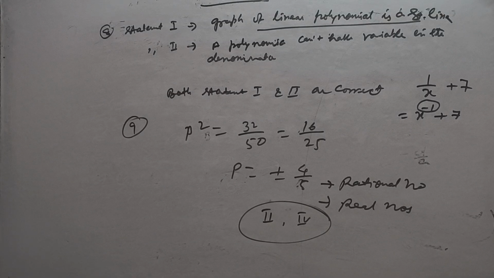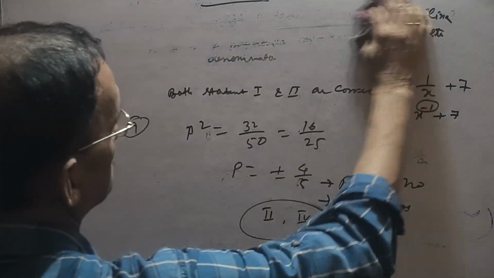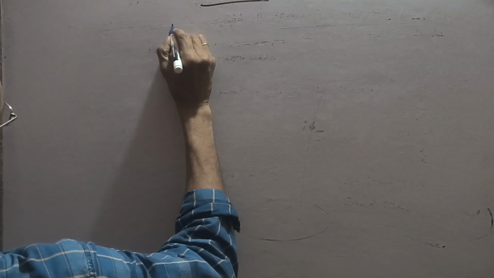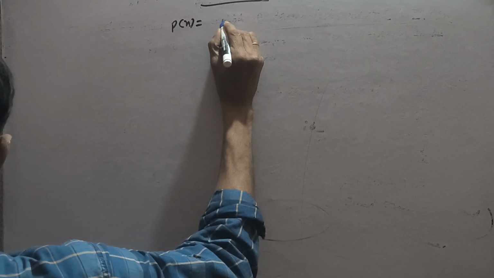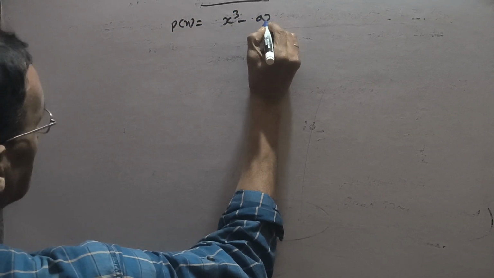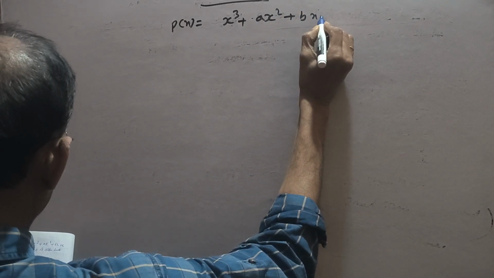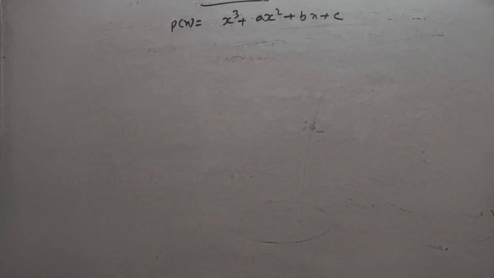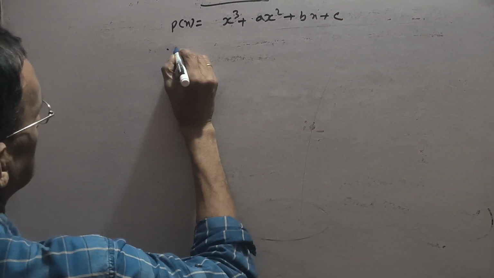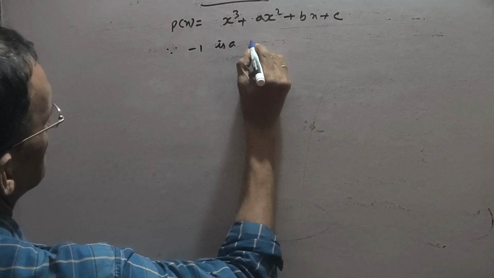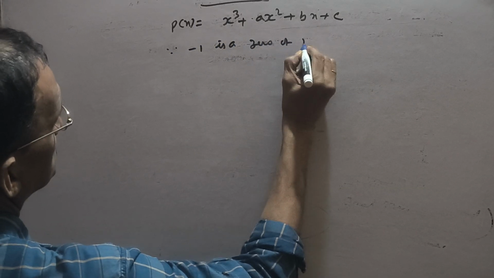Question number 10 is very important, so try to understand it. What is given? There is a cubic polynomial. Let the polynomial p of x be x cube plus ax square plus bx plus c. And minus 1 is a zero of this polynomial.